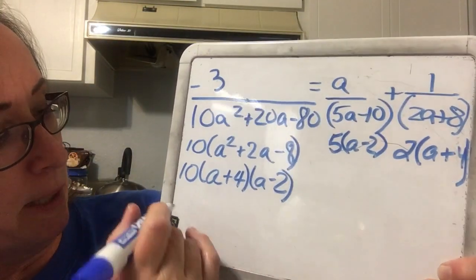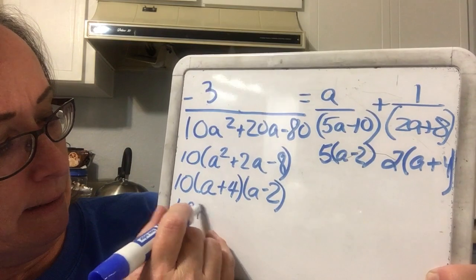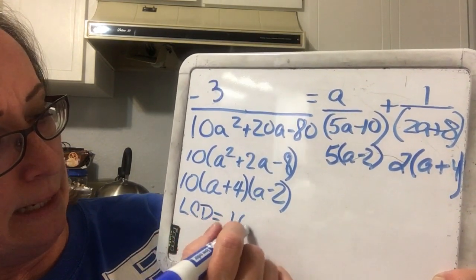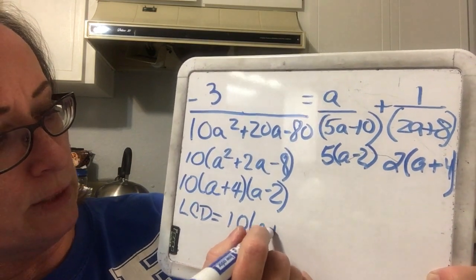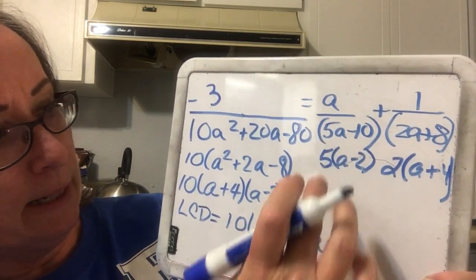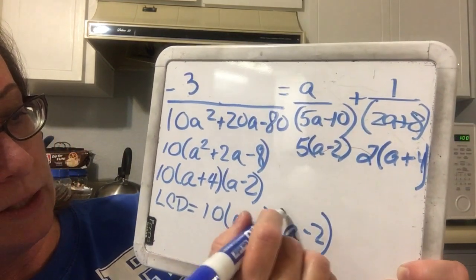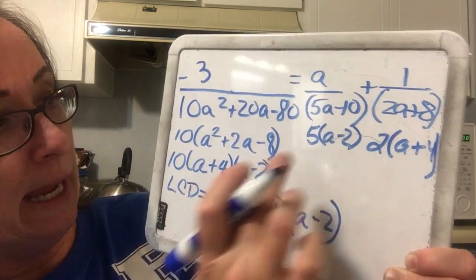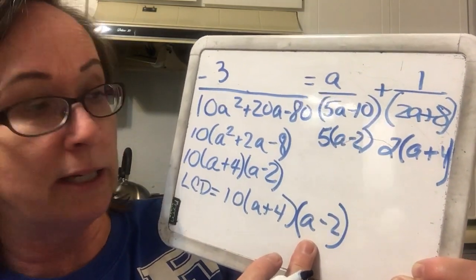Okay, so all of my denominators are factored. So now let's build our LCD. Our LCD has got to have everything here, which is a 10 times a plus 4, a minus 2. Now this one is a 5 times a minus 2, but 5 is already inside of 10, and a minus 2 is already inside a minus 2.